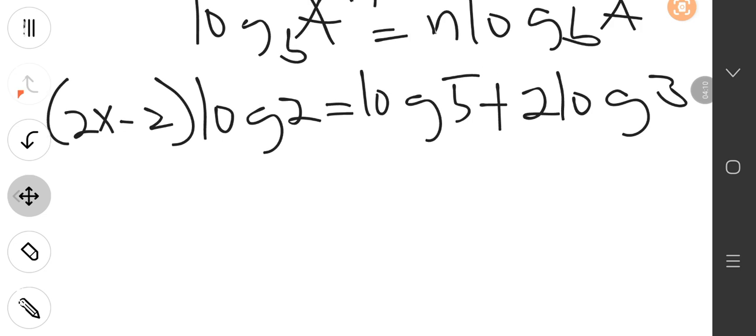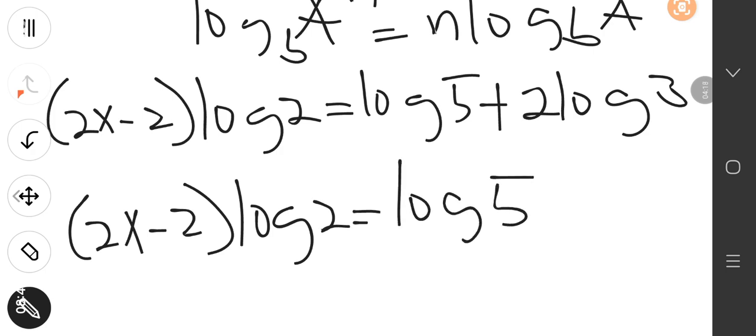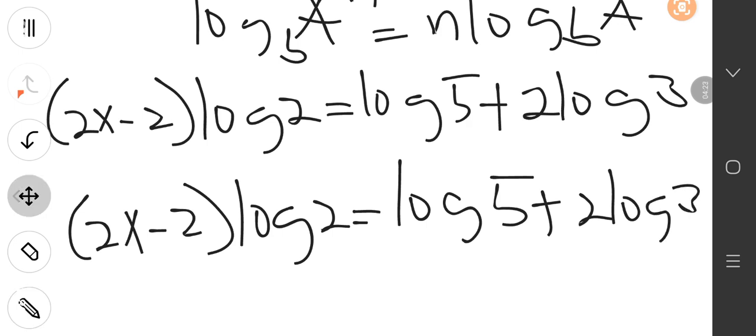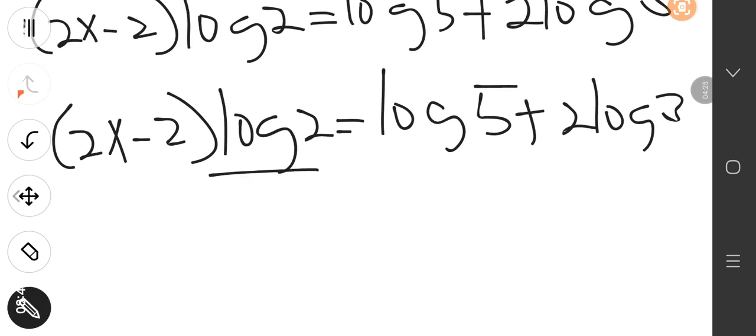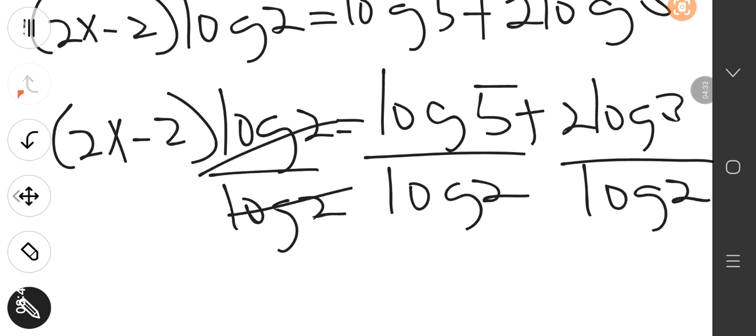So this is going to give us 2x minus 2 log 2 equals log 5 plus 2 log 3, okay? So let's divide here by log 2, here by log 2, and here by log 2. So this cancels this, okay?